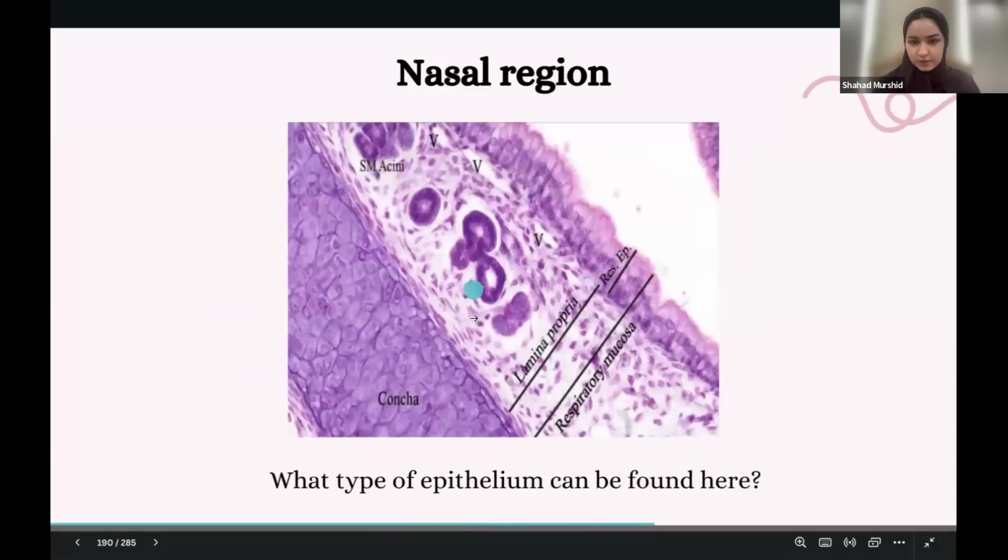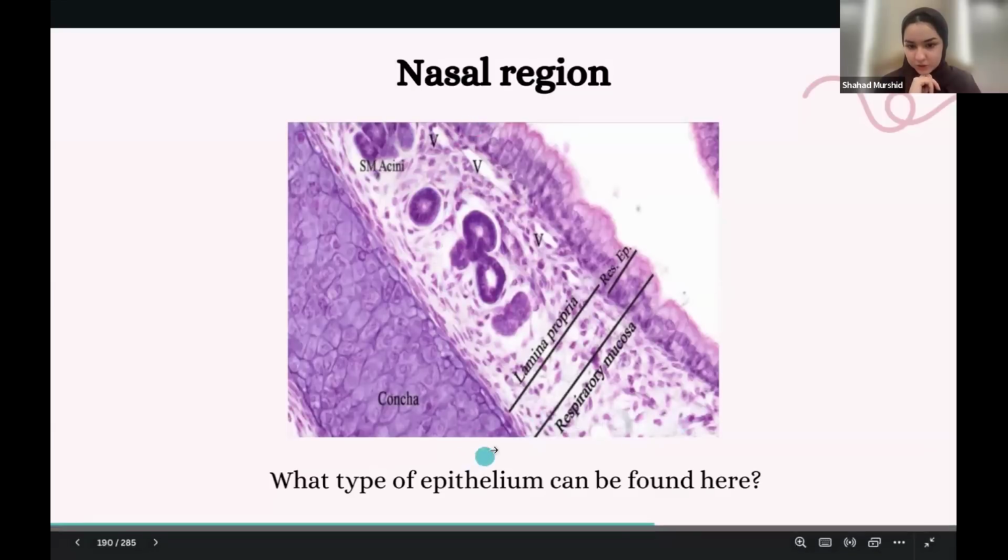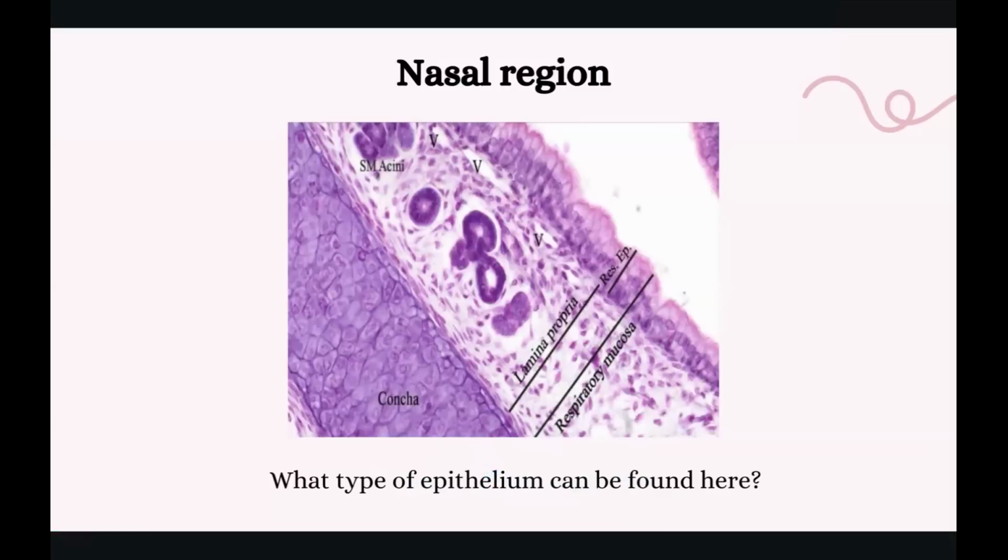So now we're going to look at each of them more up close. Can anyone tell me what type of epithelium we can find here? You already know it's respiratory mucosa based on the picture, but what type of epithelium is it? Respiratory epithelium? Yeah, what is it specifically? Pseudostratified columnar ciliated epithelium.